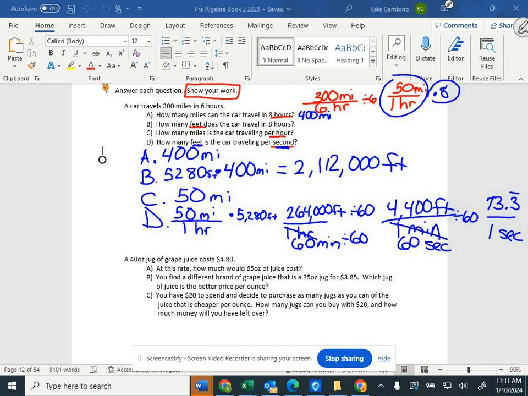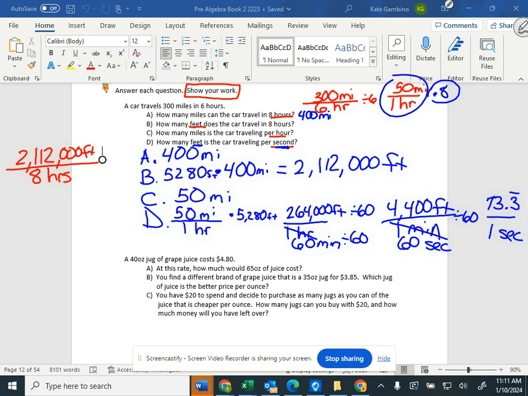Peyton, I did it where I already had the feet of 2,112,000. So I just multiplied 8 by 60 twice. You multiply once for the minutes, because there's 60 minutes in an hour, and again for the seconds. I know it's 2,112,000 feet, and that's in 8 hours, right?